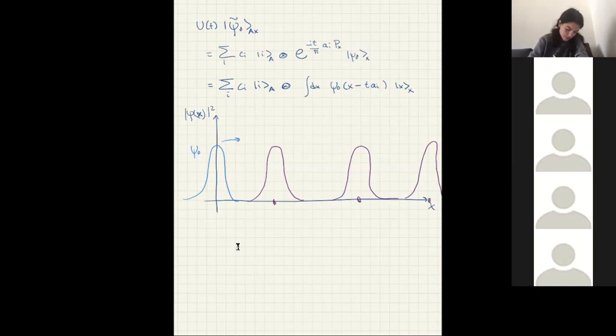If this was 0, this will be t a1, t a2, t a3, and so on. So we now have a superposition of these wave functions at different positions, which is correlated with each of them.